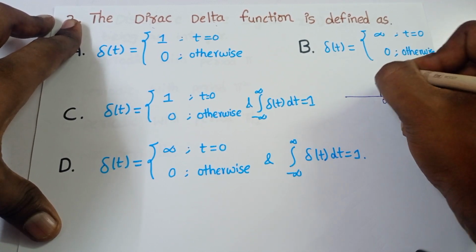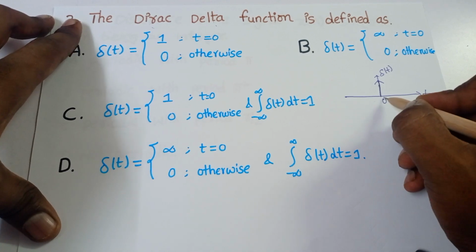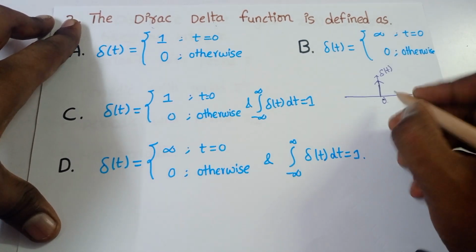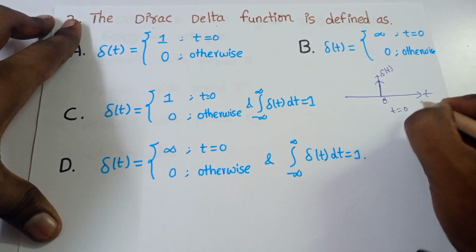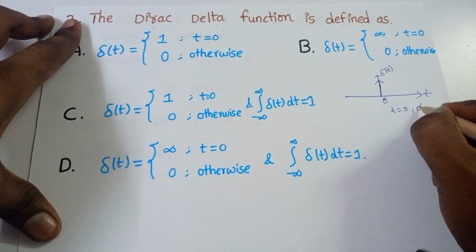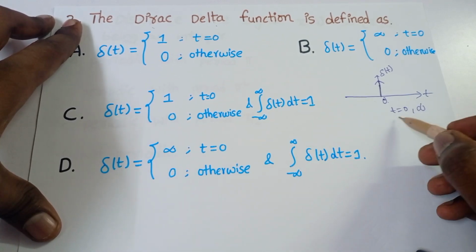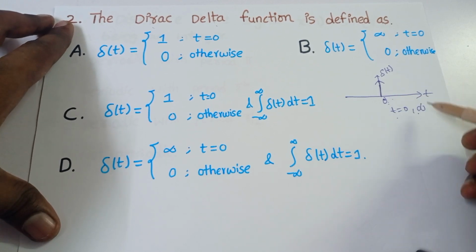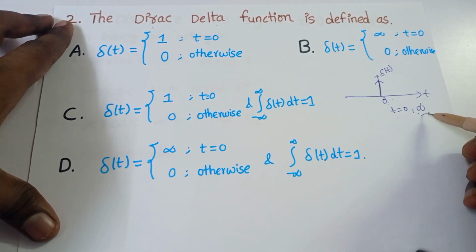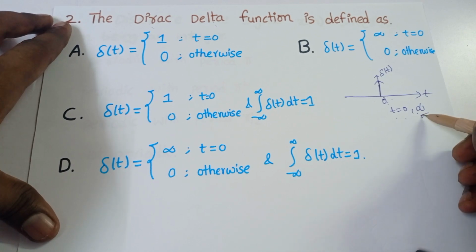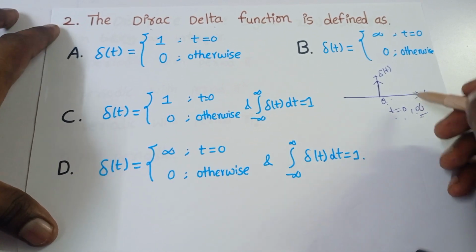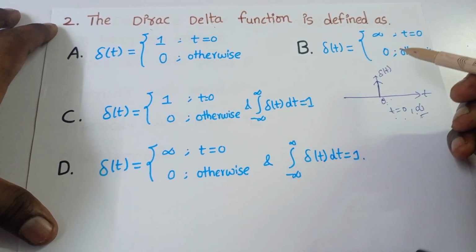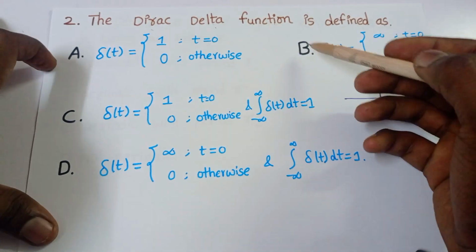Okay, del of t. That is, the impulse function is present only at time t equal to 0, having amplitude as infinity. Remember these 2 points. The impulse function is present only at time t equal to 0, having amplitude as infinity. By using these two, we need to find which one is the exact mathematical representation of the Dirac delta function.